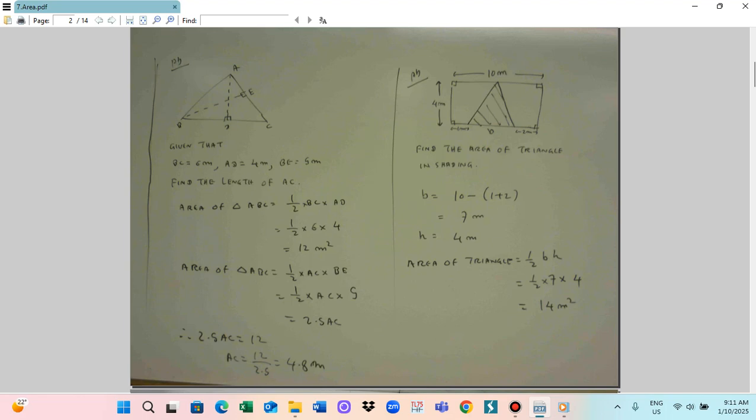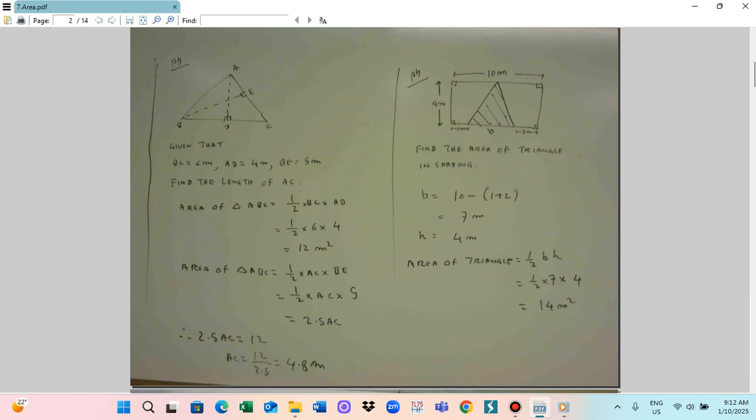We don't know AC, BE is 5. So we get 2.5 AC, which is the same area, so 2.5 AC is equal to 12. AC is equal to 12 divided by 2.5, so you get 4.8 meter. By this way you can calculate AC.